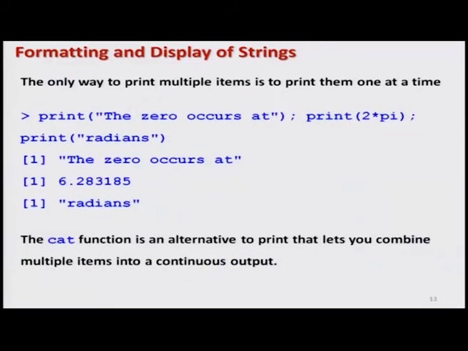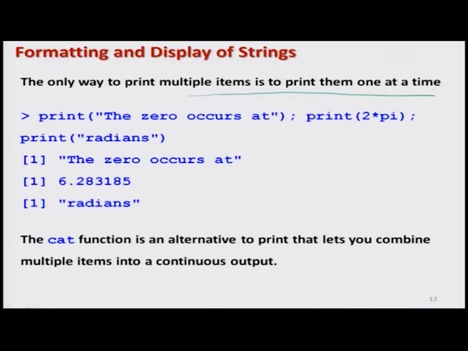Now if you really want to print it, we have an option. The option is to print multiple items one at a time. Still that is not giving us what we really want. I want to print all the things in a sequence.